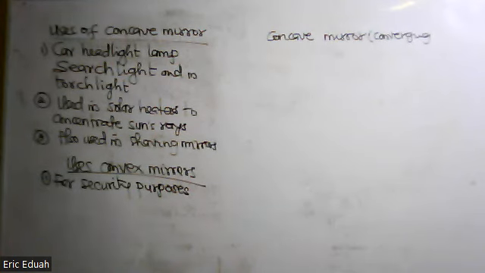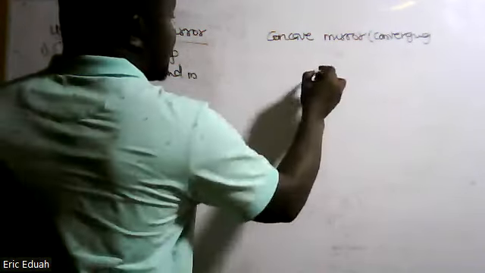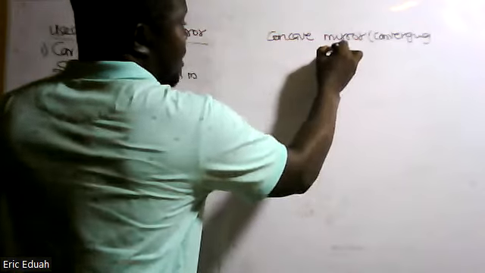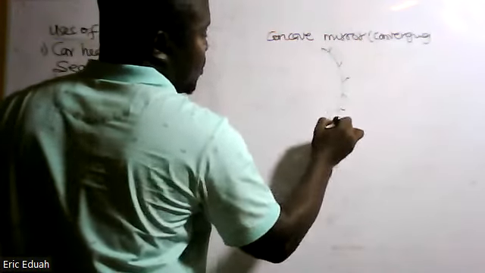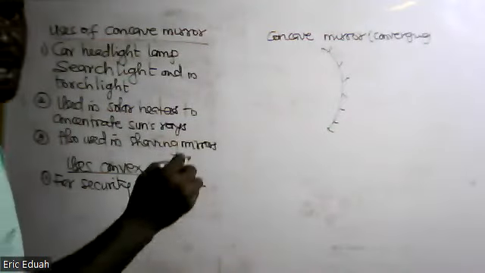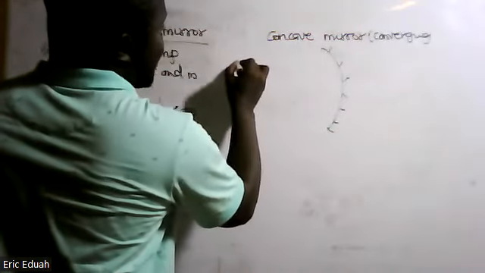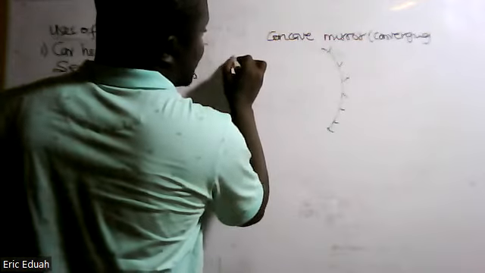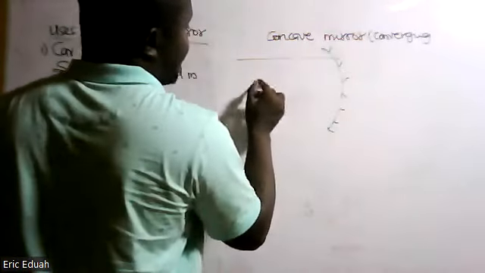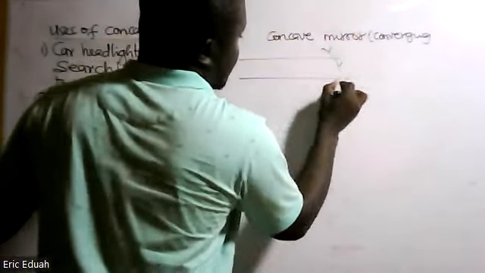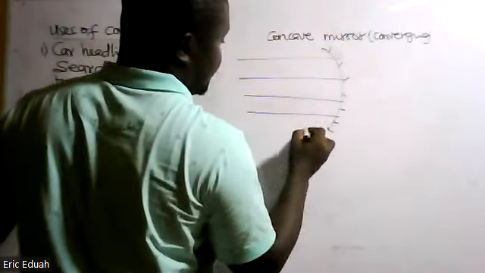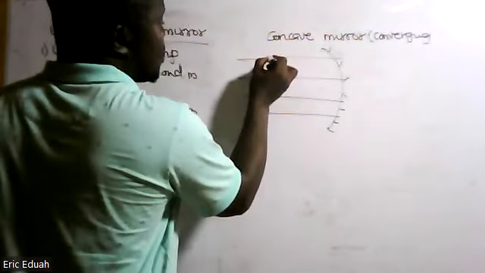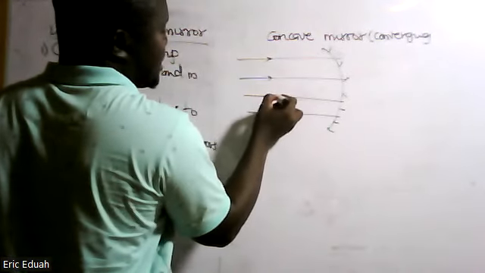So when you see this, this is a convergent mirror. So when you have rays that are parallel coming to hit the reflecting surface, these are parallel rays.